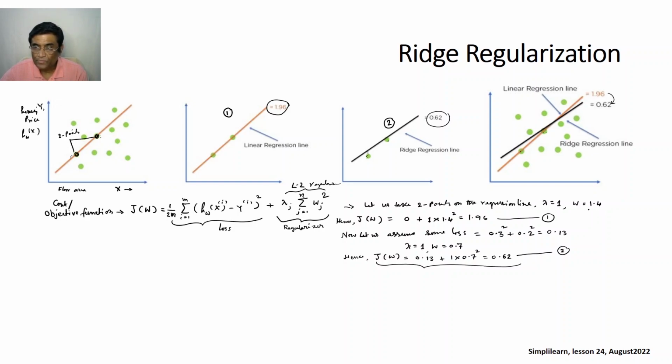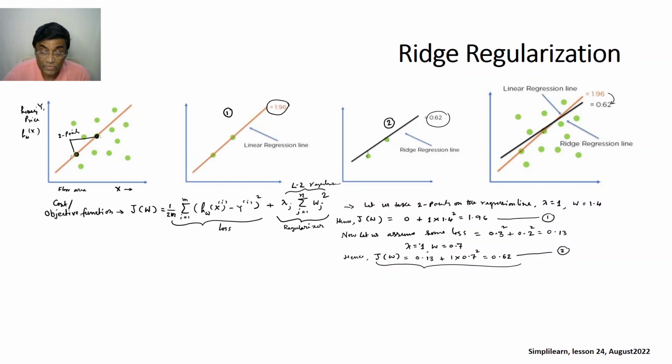So make lambda equal to 1, w equal to 1.4. So one parameter, sorry, one parameter we have. Then J(w), that is the value of the cost function, is 1.96. You can calculate, because this is 0 plus 1 into 1.4 square.